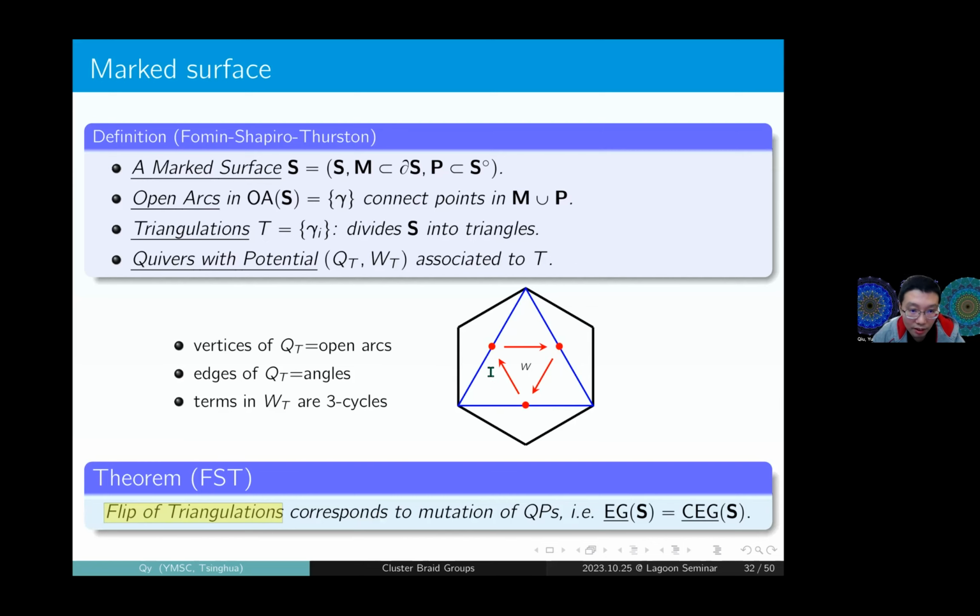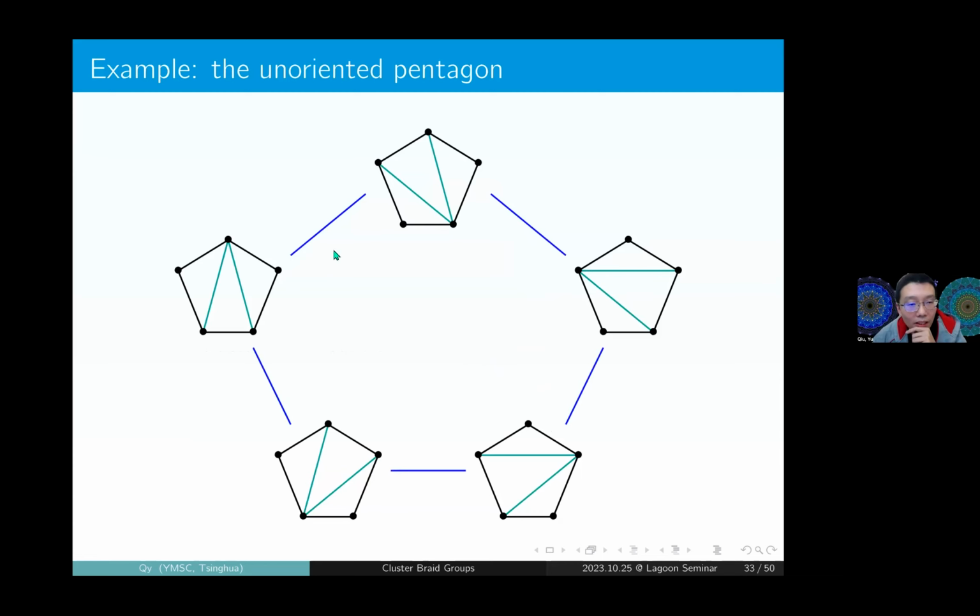So for example, you can take a triangulation of a pentagon, and the flip, like here, is just flipping this edge to that diagonal, and you get another triangulation. So that's why I skip the detailed definition of mutation in cluster algebra or cluster category, because in the surface case, it's very easy.